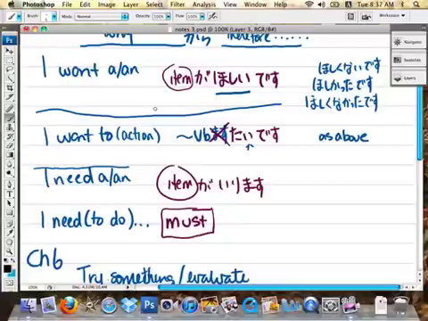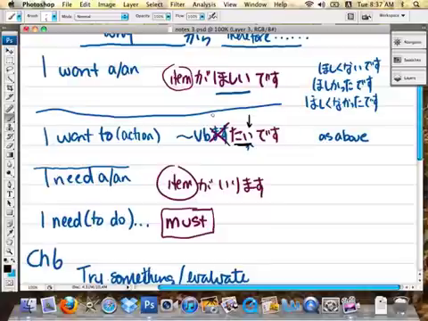That's hoshi. Then we want to do something. And that's the verb taking off the mas and adding tai, see that e there, plus des. So I want to do homework. So you have to keep in mind when you're saying I want homework, really in your mind you're saying I want to do homework, and that's what you have to express.